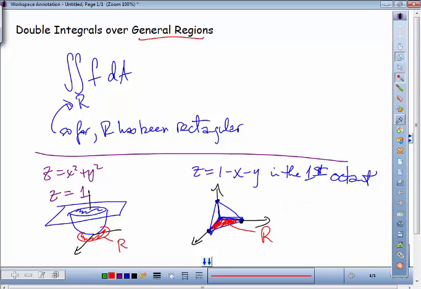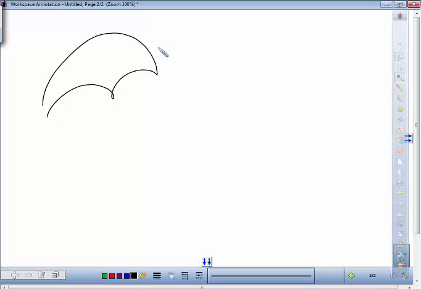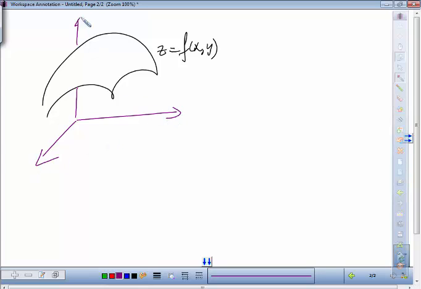Let's talk about this in general. We have a function over here. And instead of a square rectangular region, we have now some general region, which we'll have to refine a little more, what it means, general region, and what kinds of things we need to do with it.